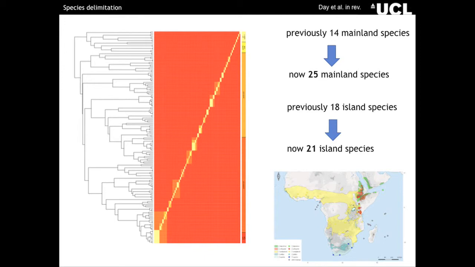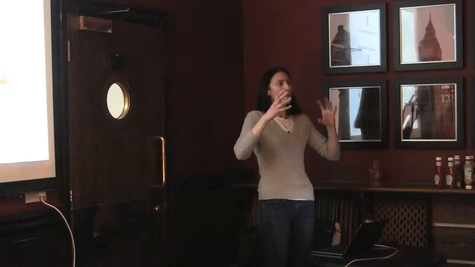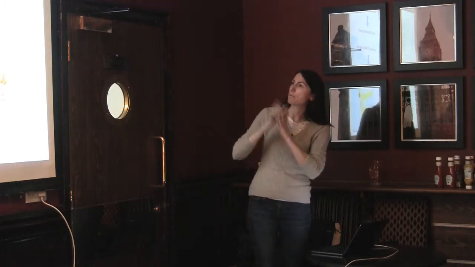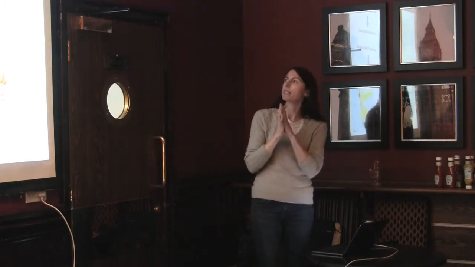Interestingly, with our phylogeny, remember we're including these island representatives from the Gulf of Guinea and the Indian Ocean, and that's really nice because they're all nicely described apart from a couple of subspecies. There are currently 18 species described, and we're suggesting there should probably be around 21 island species, because there are a couple of subspecies of what's termed Madagascan, and based on our genetics they look quite distinct.